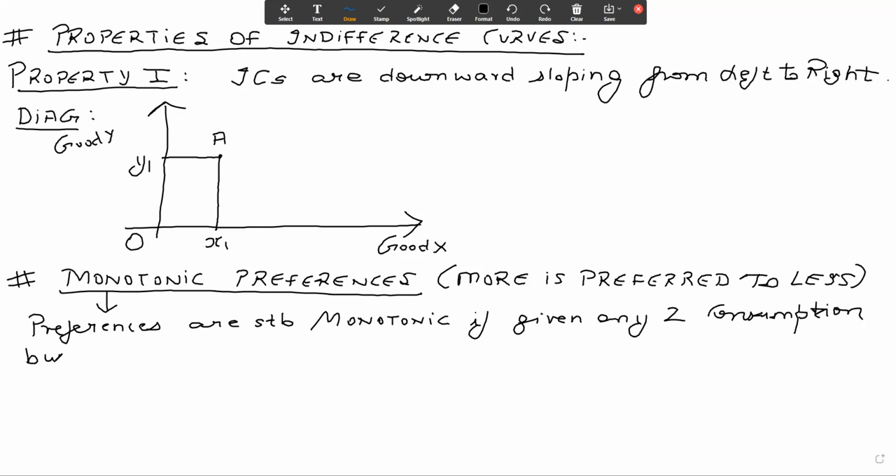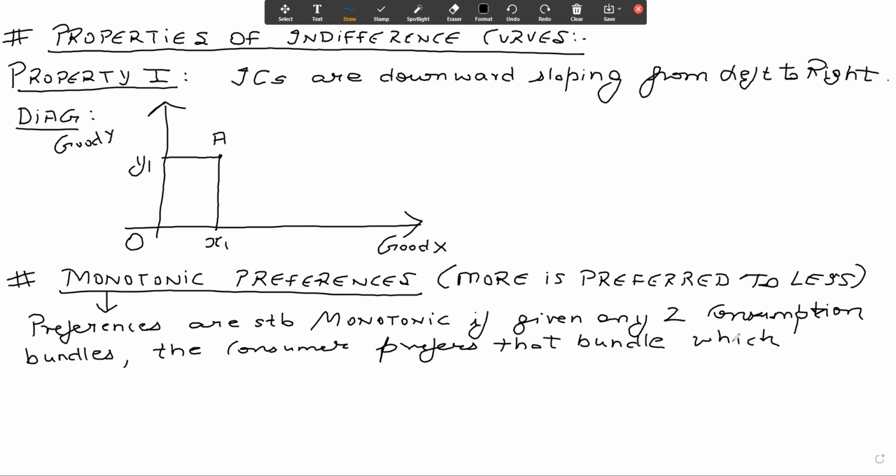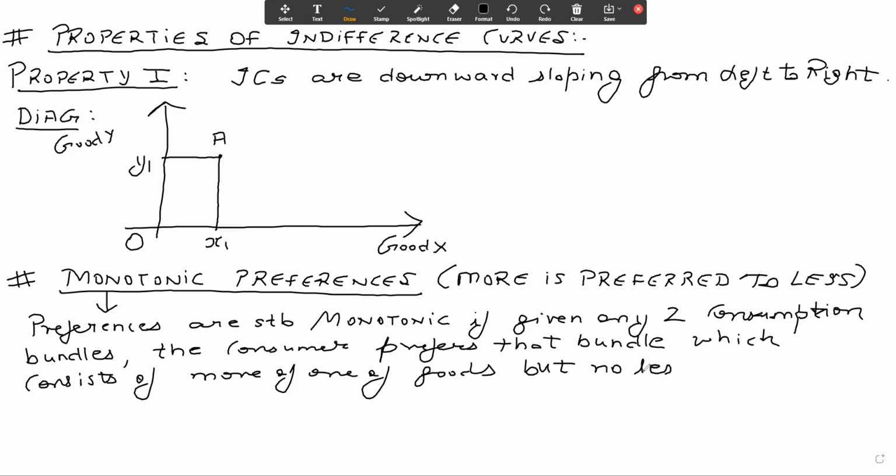the consumer prefers that bundle which consists of more of one of the goods, but no less of another.